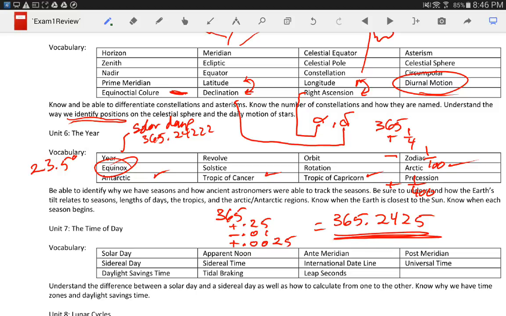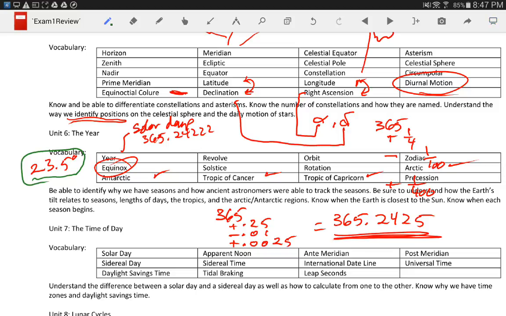So we have the summer solstice, which in the northern hemisphere is around June 21-ish, 22-ish. And that's when the sun is as far north as it goes. Now the sun goes as high as what angle? As high as 23.5 degrees.